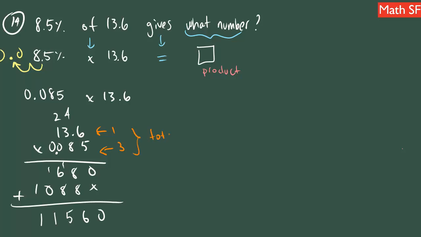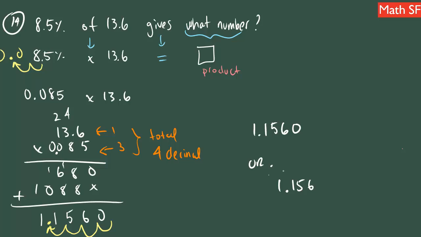So in total, I'm going to have 4 decimals. If I have 4 decimals in total, I have to move these 4 spaces. 1, 2, 3, 4. So my answer should be 1.156. So that should be your missing number for problem number 14.